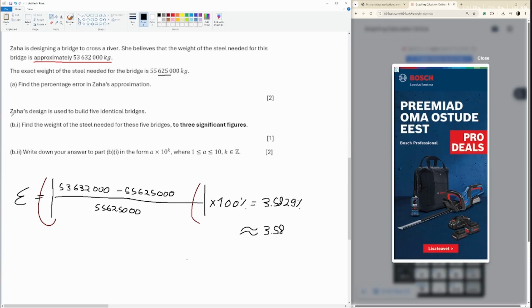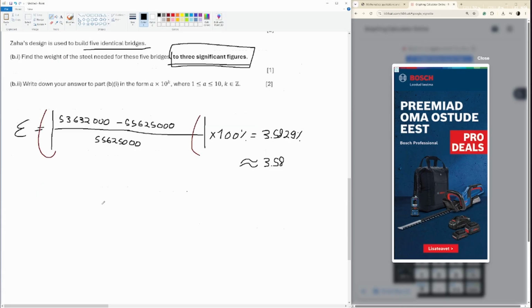So in the second part, it states that Saha's design is used to build 5 identical bridges. The first part asks to find the weight of steel needed for these 5 bridges. So obviously we know the exact weight is needed, and it says to 3 significant figures, something that we just talked about.